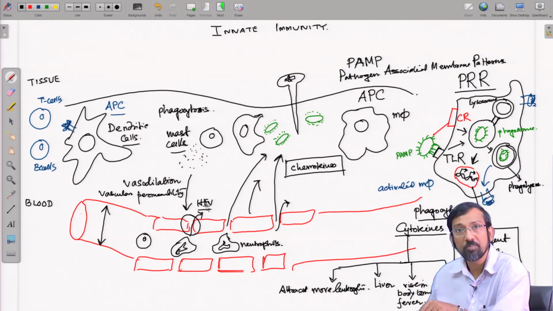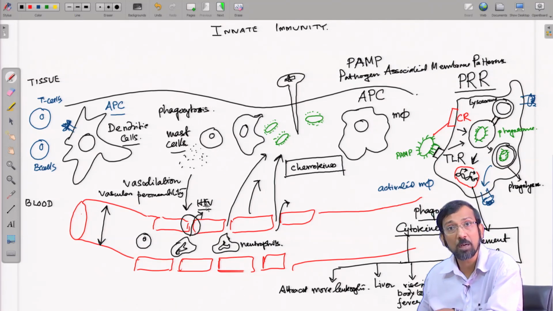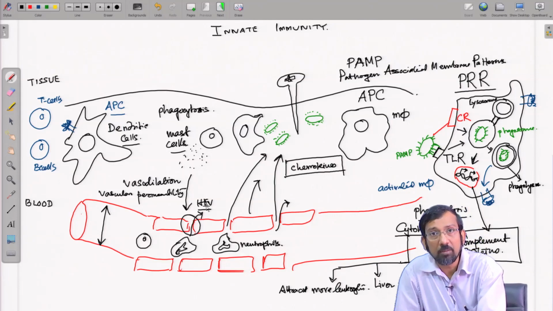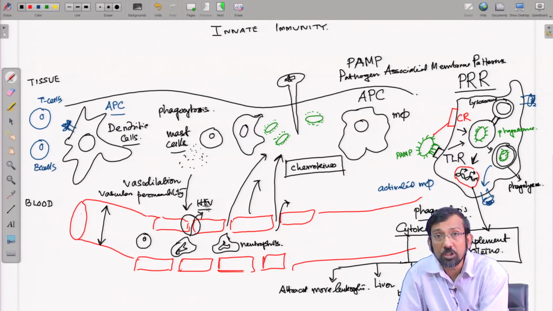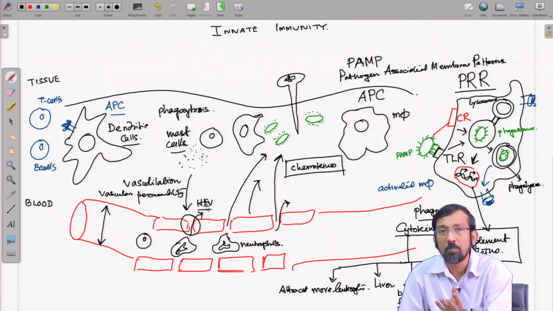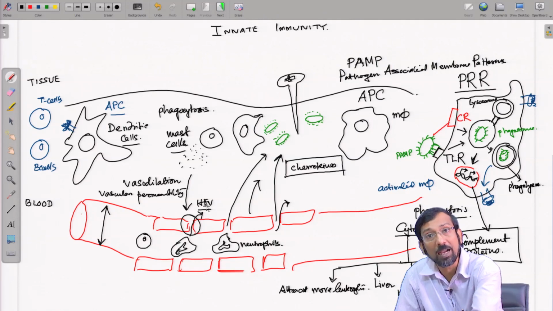At the same time, there is phagocytosis initiated by the tissue macrophages, and this is primarily initiated by the pathogen associated molecular patterns that are present on the surface of the pathogens, which are recognized by specific receptors on the surface of the macrophages.